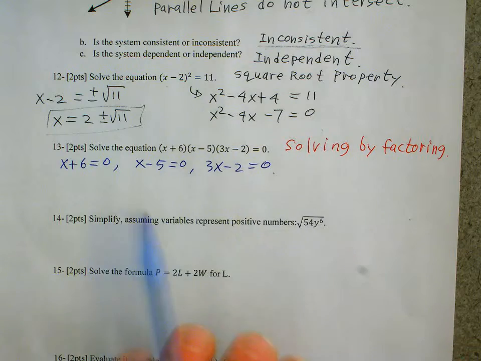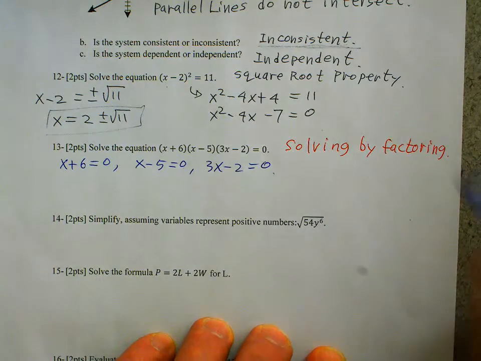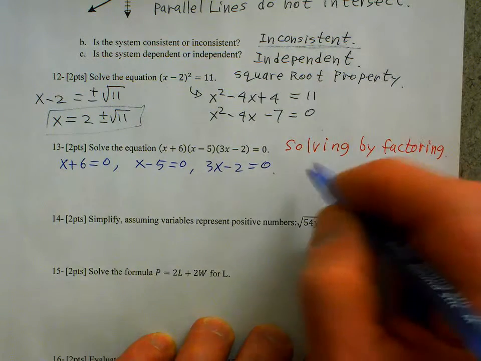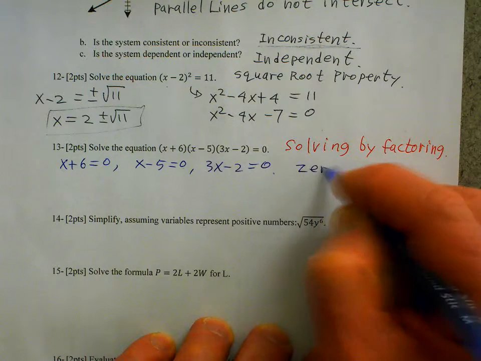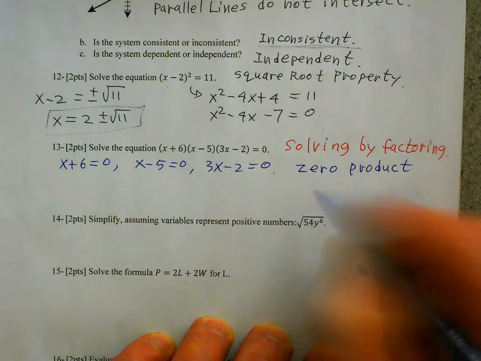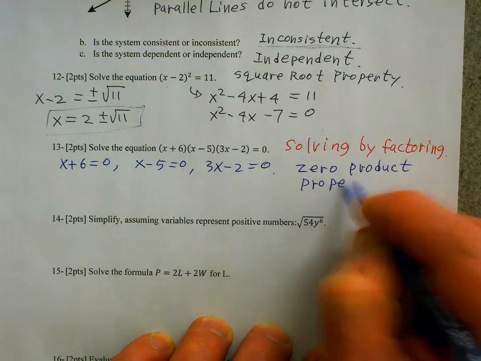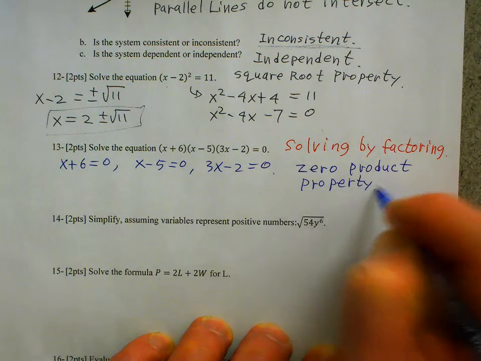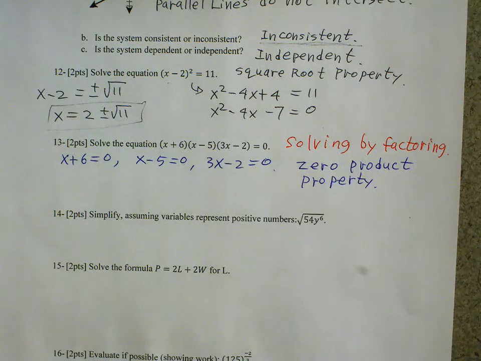Underlying this procedure is the zero product property. If you multiply two numbers and the product is 0, then one or the other of the numbers has to be 0.